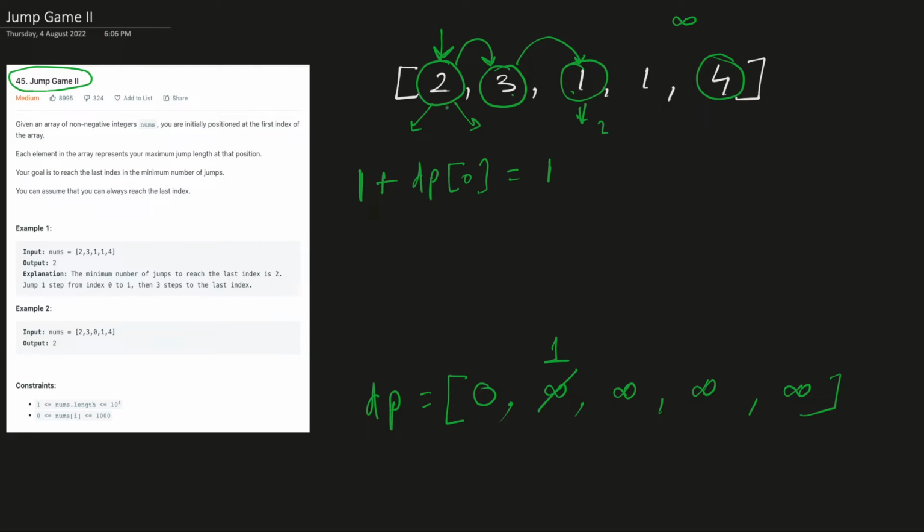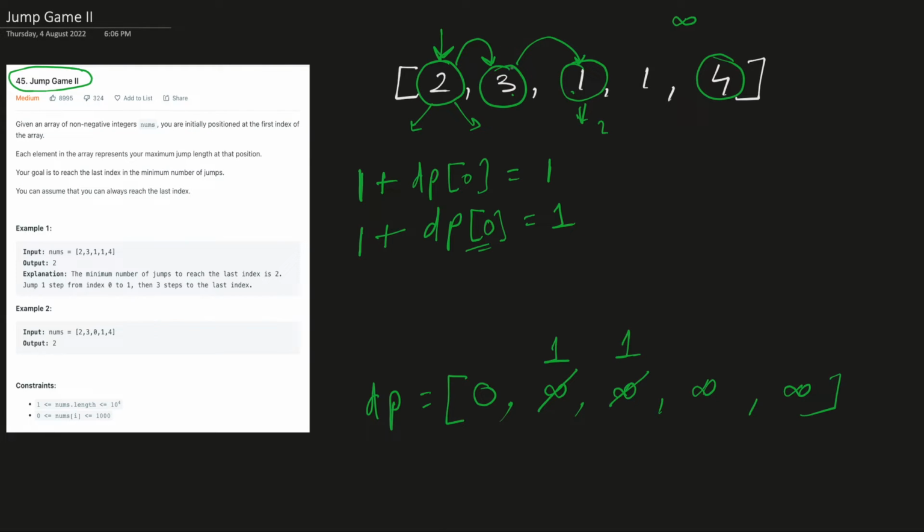So yes, we could reach. We will require one jump plus the minimum number of jumps required to reach 2, which is 0. So we require only one jump to reach 1 also. Is that less than infinity? Of course it is. So we will strike this and mark it as 1.